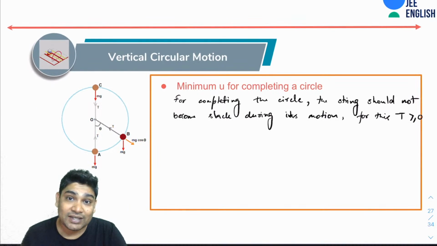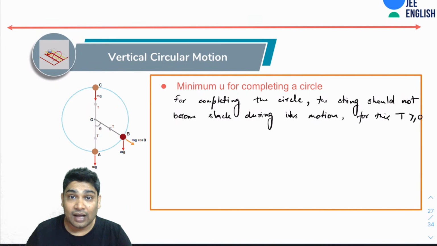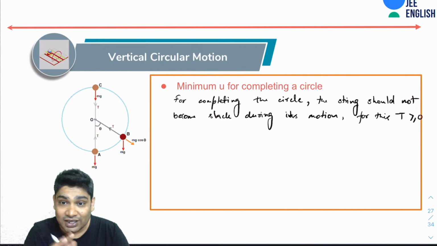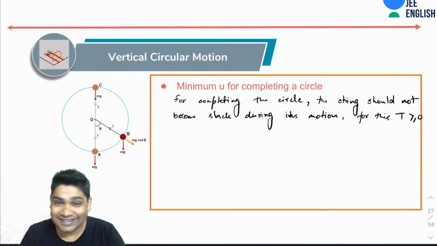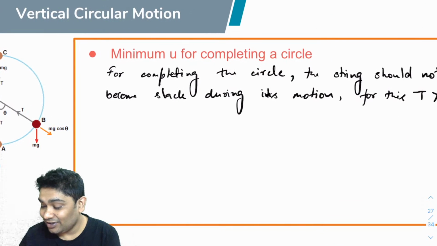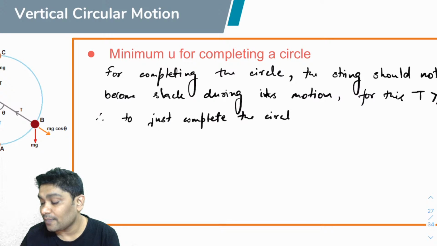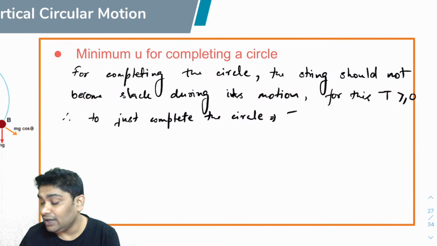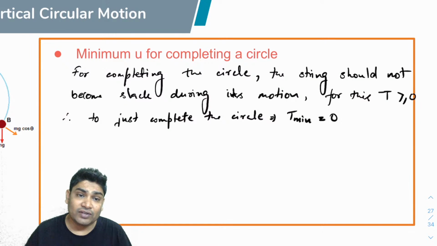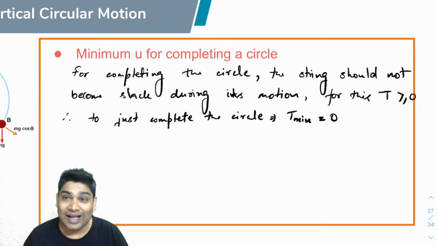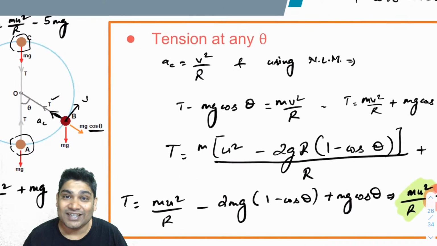And where is the minimum tension? The minimum tension is at the top, and so just the condition for just completing the circle. Therefore, to just complete the circle, I can say that T min should be equal to 0. If T minimum is 0, then tension everywhere else would obviously be greater than 0. I already figured what T min was.